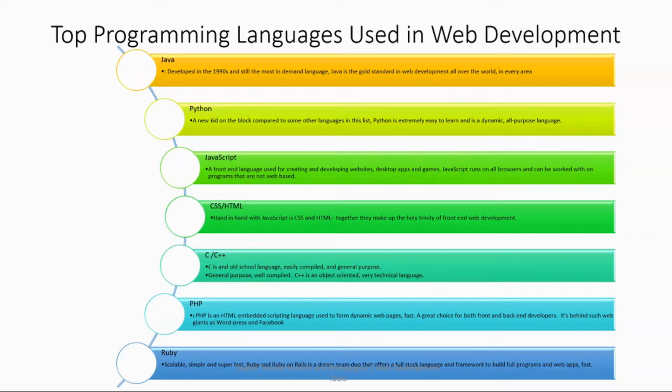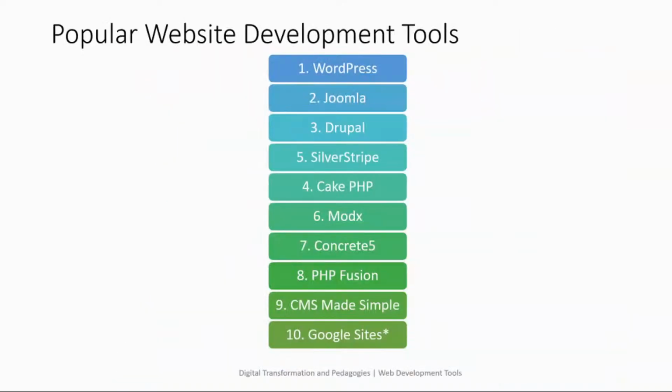So next, these are the ones which are actually relevant to us, the website development tools. I would call them content management system tools. There are numerous such tools, however I just took the top 10 popular ones.